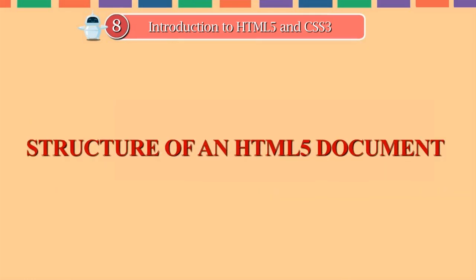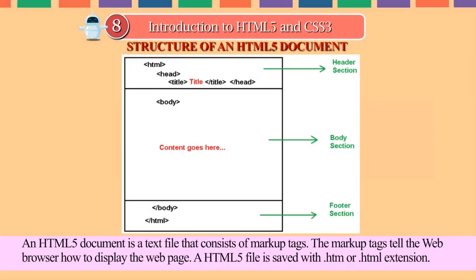Structure of an HTML5 document. An HTML5 document is a text file that consists of markup tags. The markup tags tell the web browser how to display the web page. An HTML5 file is saved with .htm or .html extension.